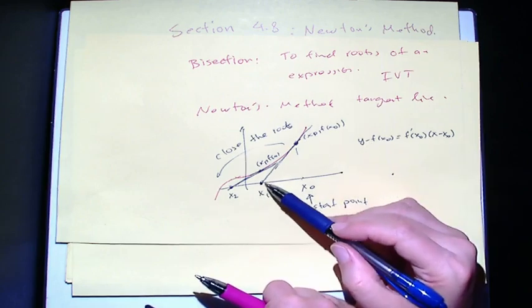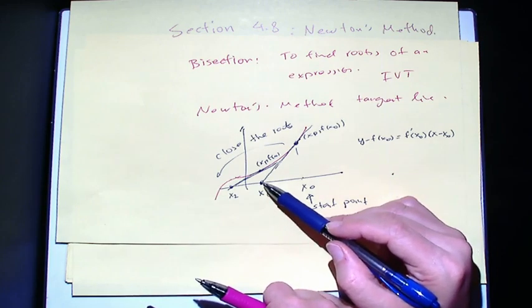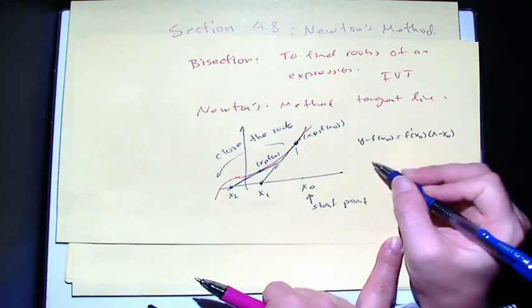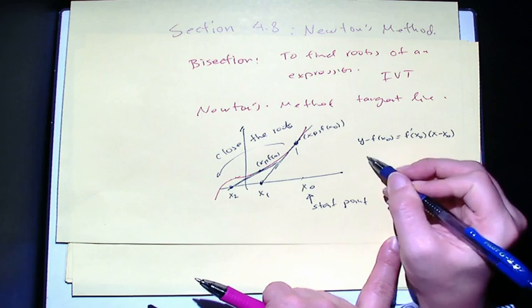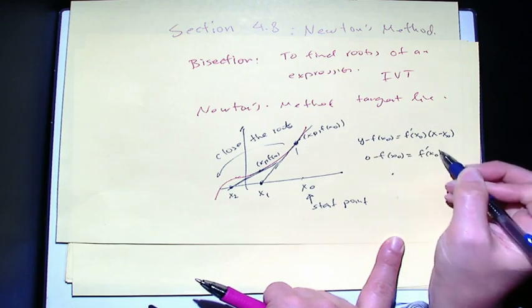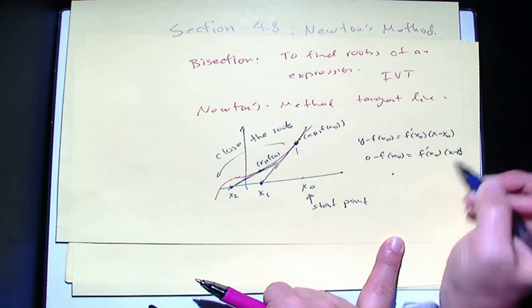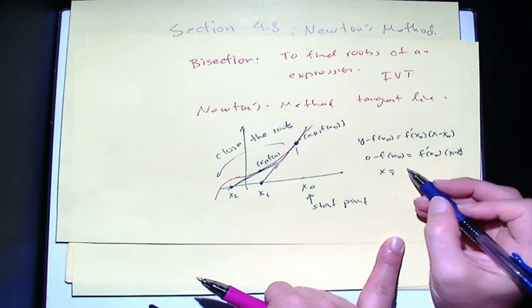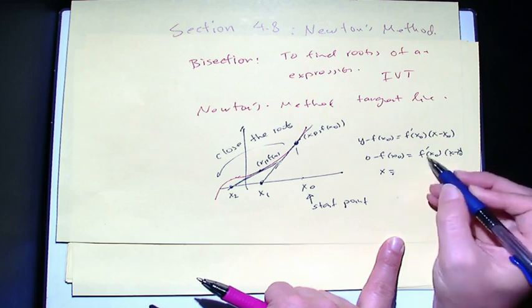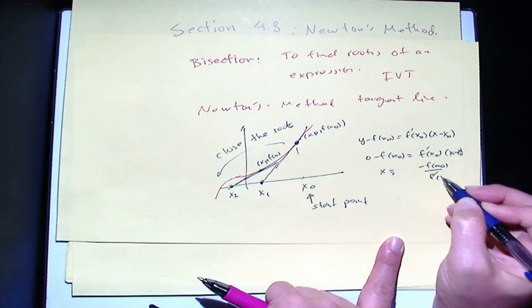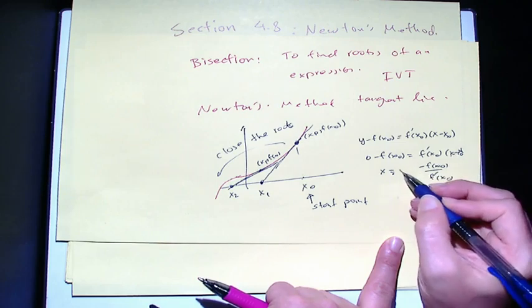Now, here I'm saying the tangent line touches the x-axis. That means y has to be 0. So that means what I have is 0 minus f of x0 is equal to f prime of x0 times x minus x0. If I want to solve for x, I'm going to get x is equal to minus f of x0 divided by f prime of x0 plus x0.